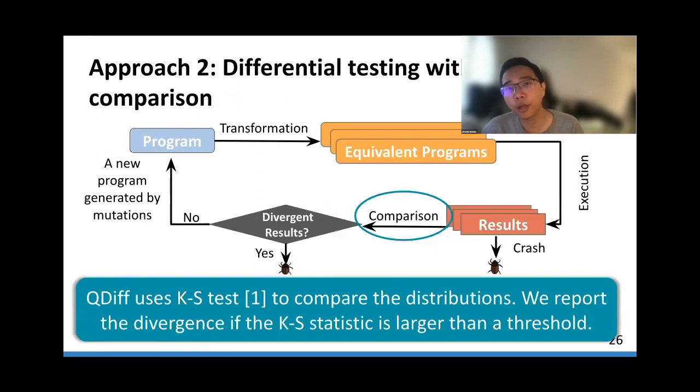After QDiff generates a bunch of equivalent programs, we need to check the equivalence of their results. The result of a quantum program is usually a distribution, since application developers usually repeat the measurement of a quantum circuit a certain number of times. We adopt the KS test to compare the results and report divergence if the KS statistic is larger than a user-defined threshold.